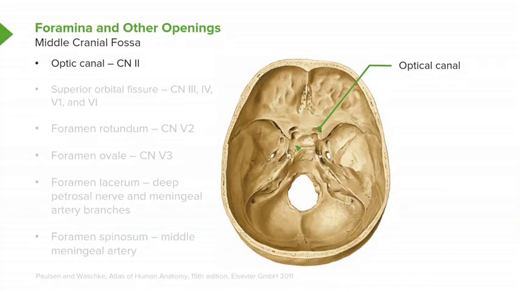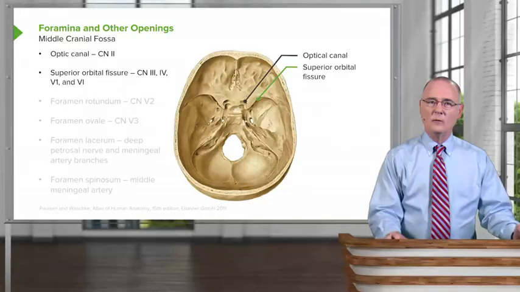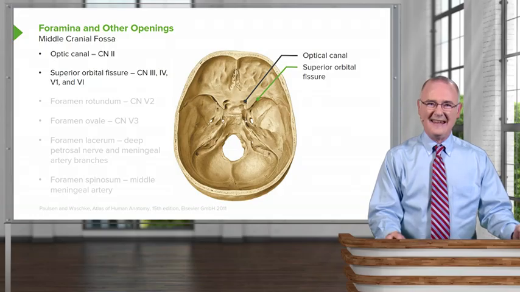So here again is the optic canal transmitting cranial nerve number 2, the optic nerve. Another opening that exists within the middle cranial fossa is this fissure. This is referred to as your superior orbital fissure. It will transmit various structures. These would include cranial nerve number 3, the oculomotor nerve, cranial nerve number 4, the trochlear nerve.